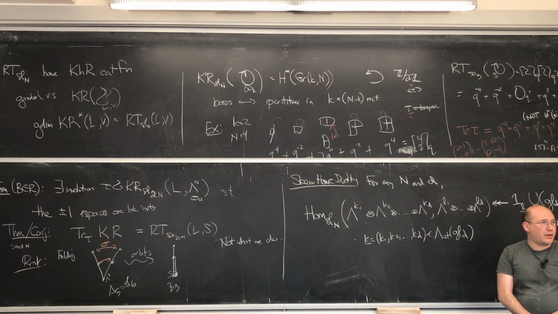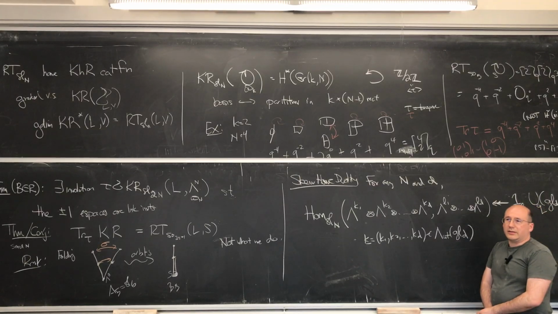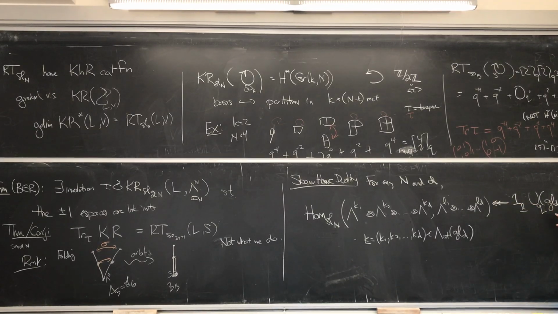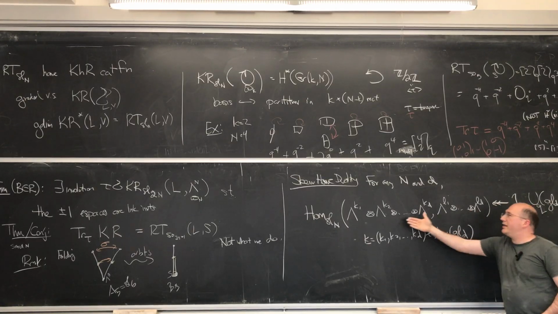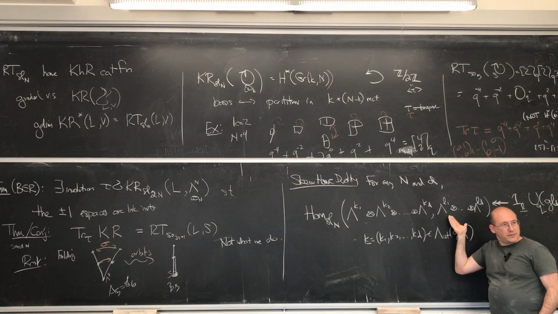And so the statement is that the part of GLD that takes the weight space K to the weight space L, which could be empty if K and L aren't comparable by roots, but is non-empty if they're comparable by roots, will also send this representation to this representation.